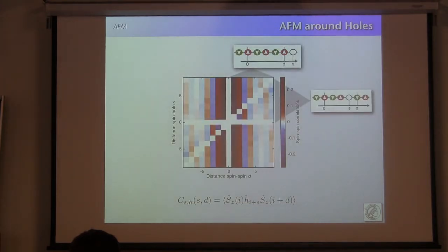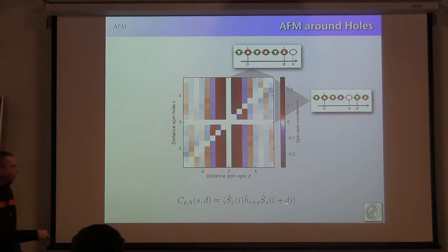We can look at the entire antiferromagnetic ordering beyond, or within, the distance of the hole. So now I'm plotting again this 3-point correlator: spin at site I, correlated with spin at site I plus D, conditioned on having a hole at site I plus S. Now S can have two important values.